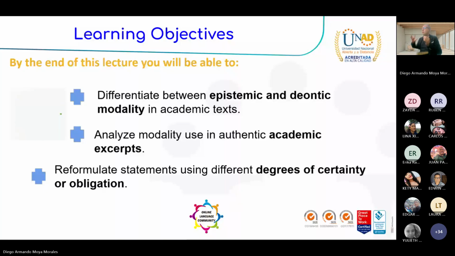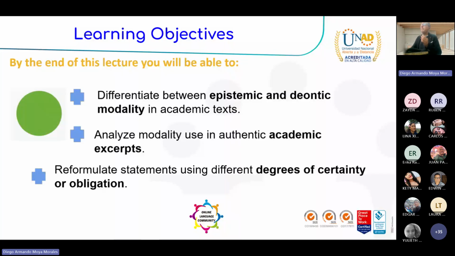We're going to establish how to differentiate them in an academic setting and how we can use them. Also, we are going to analyze modality. I know that you know about this, but it sounds a little bit different. But at the end of the day, it's something that we have already studied and practiced before.